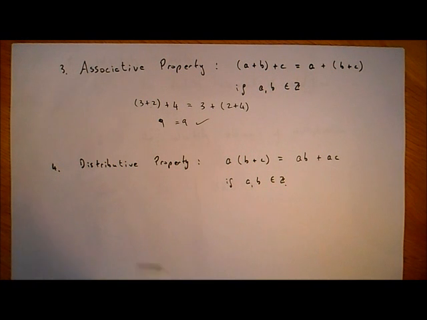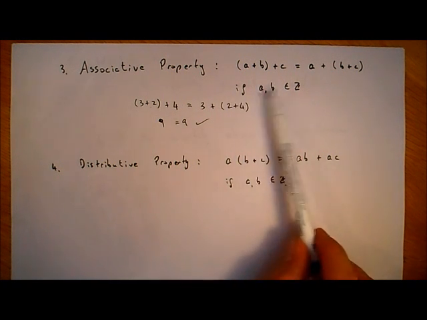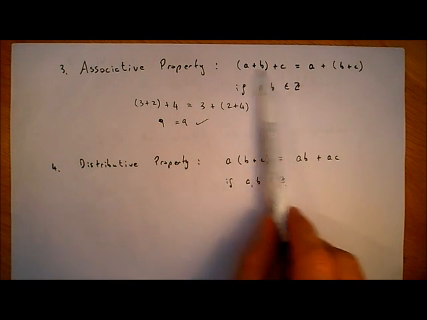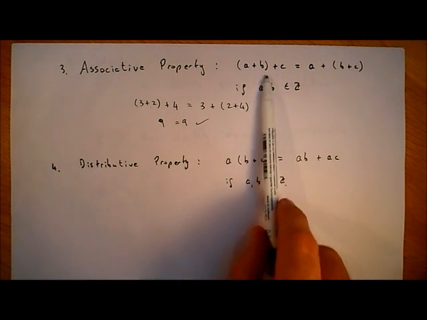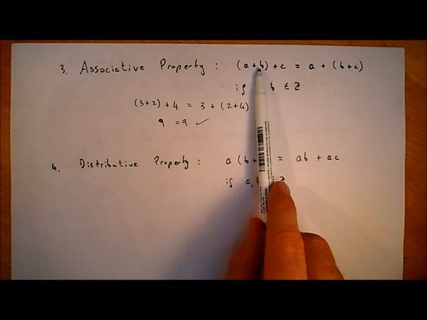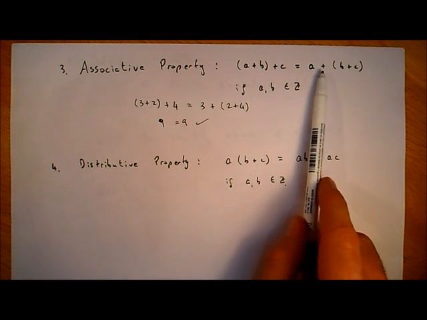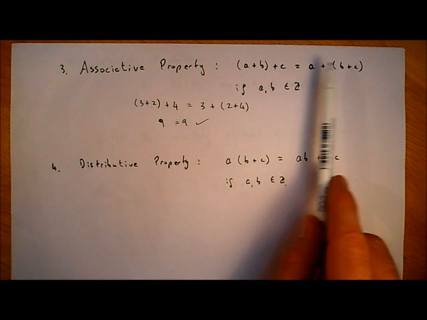The associative property says that when we're adding more than two integers, if I add a plus b first and then add c, that's the same as adding b plus c first and then adding a.